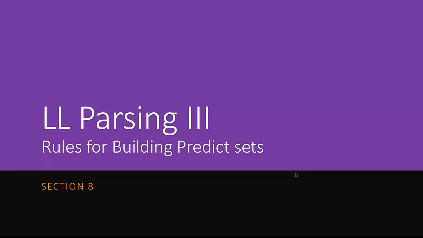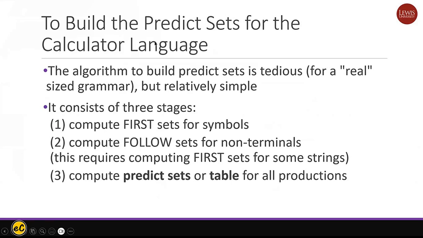Okay, and then there are the first set and predict set. You need to study the first set and predict set. These are very important, so you need to watch the video carefully about how to generate the first set, follow set, and predict set.